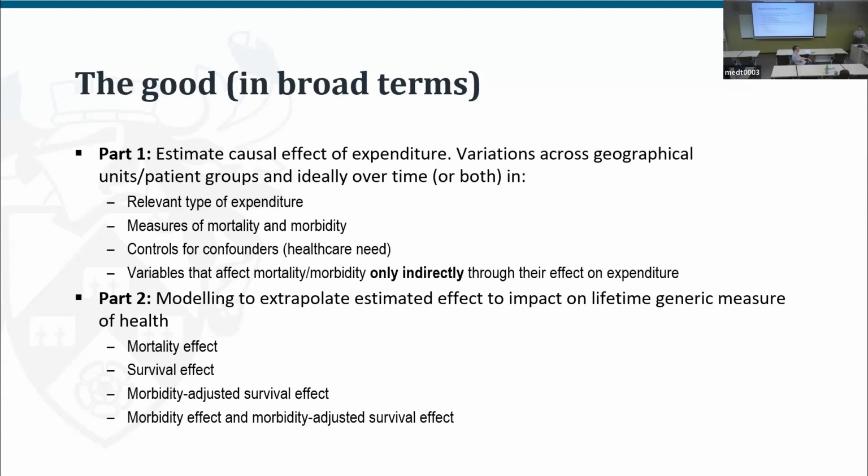Then how do we turn this into a survival effect? We need to use some assumptions to do that. Once we have a survival effect, how do we incorporate morbidity? We need to move on to a morbidity adjusted survival effect. And from there, we need to account for the direct effect of expenditure on morbidity, as well as the morbidity adjusted survival effect. There were different ways that papers did that.